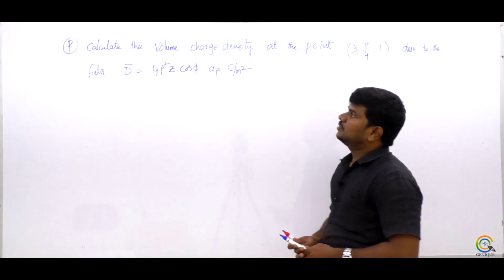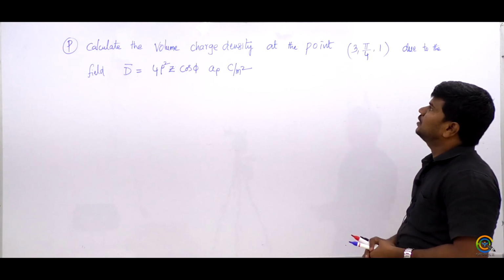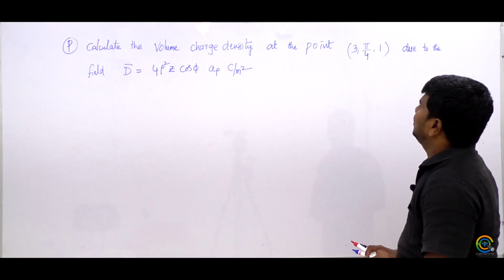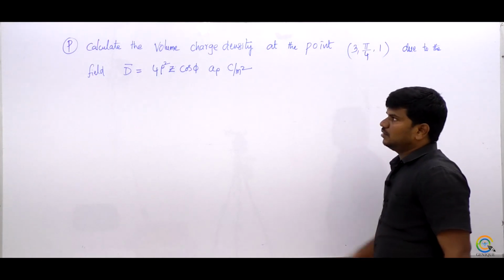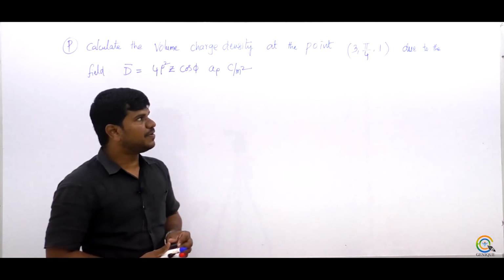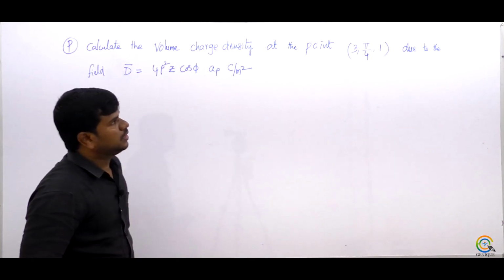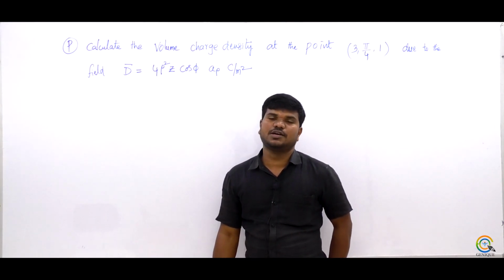The next question is, calculate the volume charge density at the point 3 pi by 4, 1 due to the field D given. Okay, so in the previous class we have seen how to find the flux leaving any closed surface.